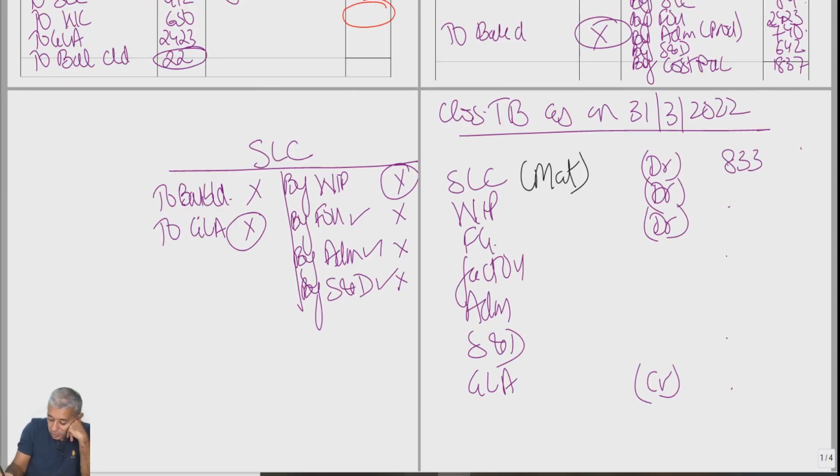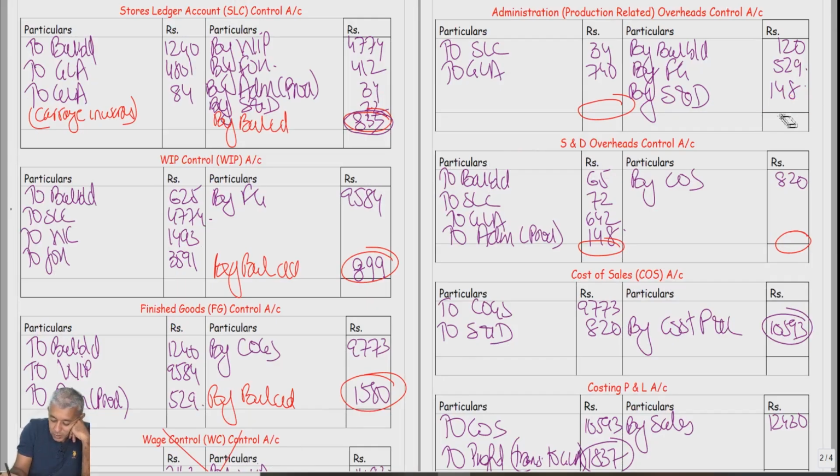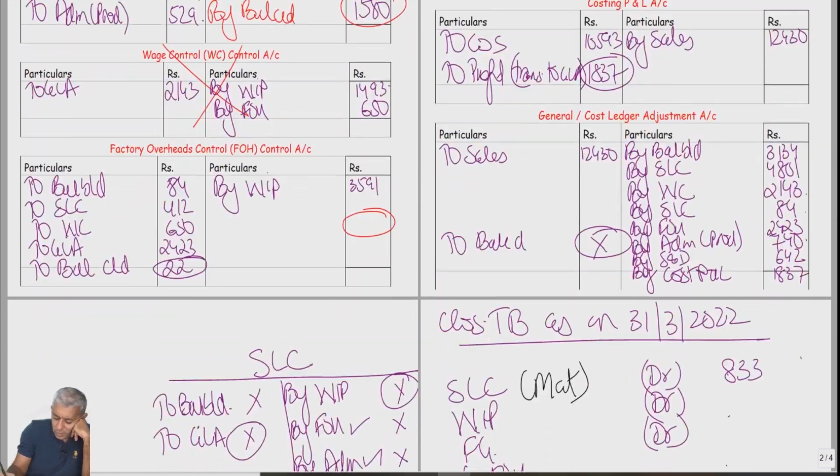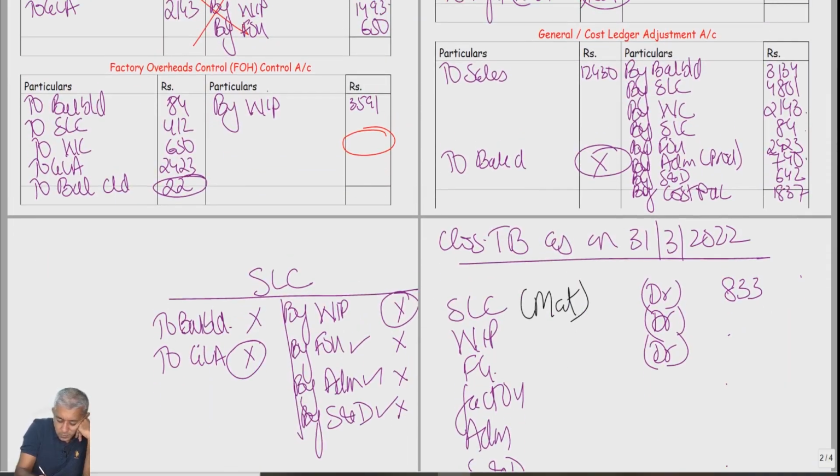Credit balance. That comes to 23, to balance carried down. For S&D? 107. And finally, your GLA will be how much? 3374. Is 3374 okay for everybody?